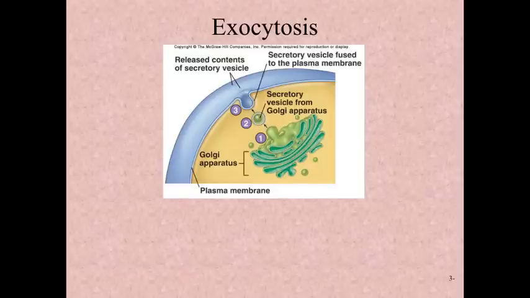The Golgi apparatus builds the molecule and then forms it inside of a vesicle, and then pushes the vesicle toward the cell membrane, and then the vesicle fuses with the membrane. The vesicle opens up, and the substance that was inside of the vesicle is now released outside of the cell. So that's an example of how the cell might use a particular mechanism like this.